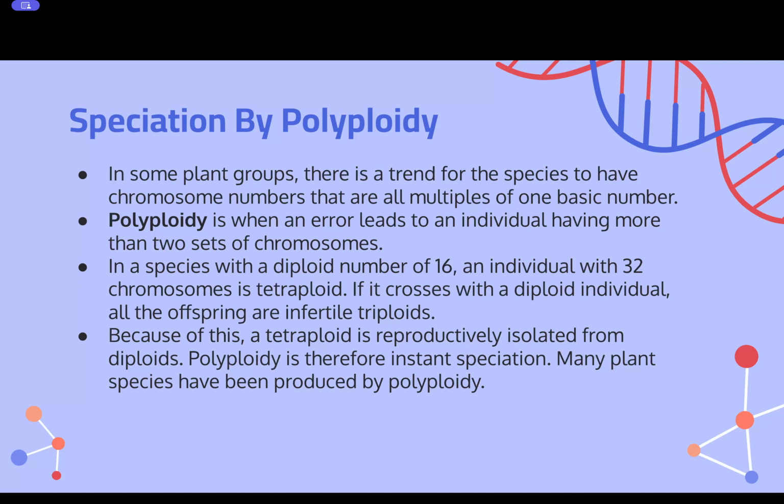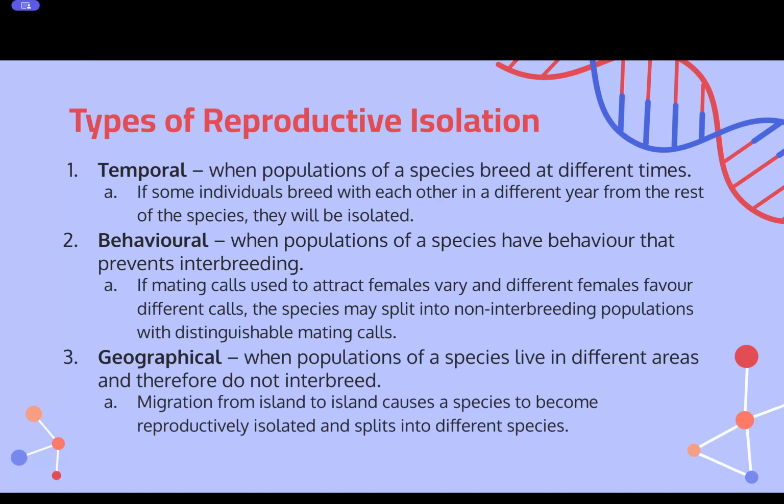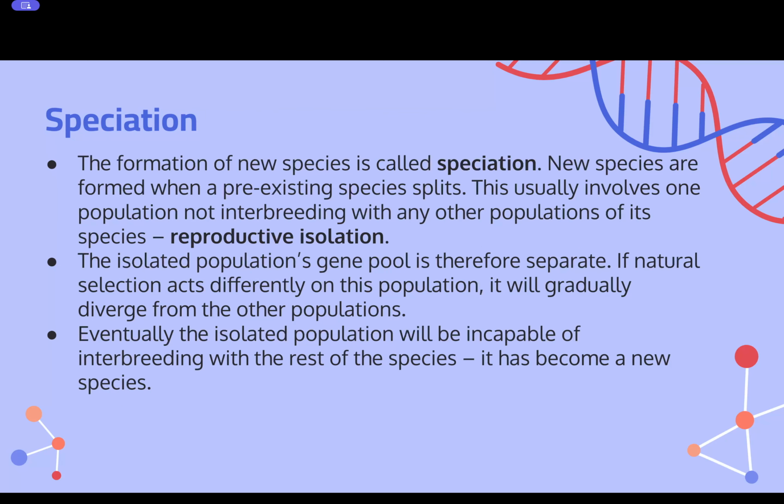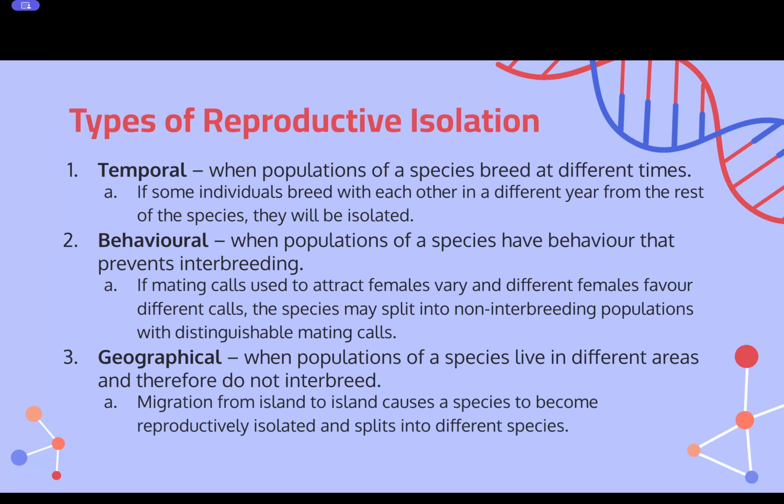So speciation, there's 2 different types if you think about it. There's gradual and there's instant, and this would be instant speciation. There's gradual speciation, which is the normal type of reproductive isolation, because the entire process of isolation and breeding and interbreeding will take some time, and the gene pool will slowly lessen.